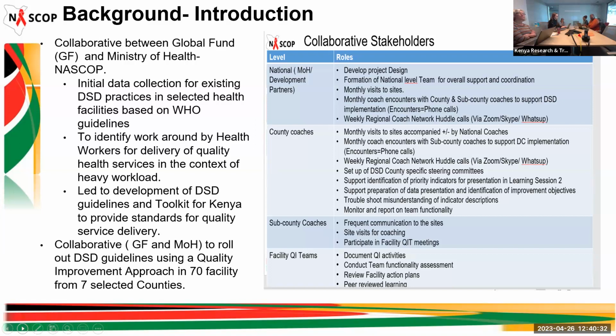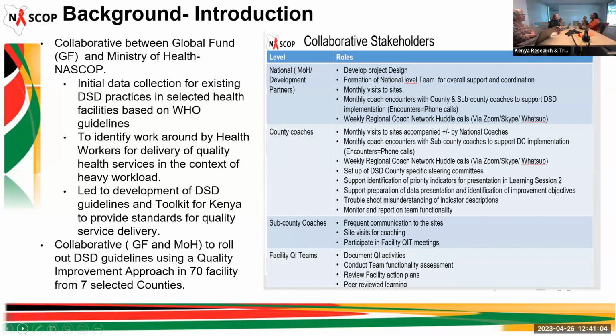And so this led to development of the DSD guideline and toolkit, just to provide guidance around how to standardize quality service delivery as we rapidly scale up ART. And so because of the findings we saw, there was interest by the Ministry of Health to be able to roll out DSD in a quality improvement environment.